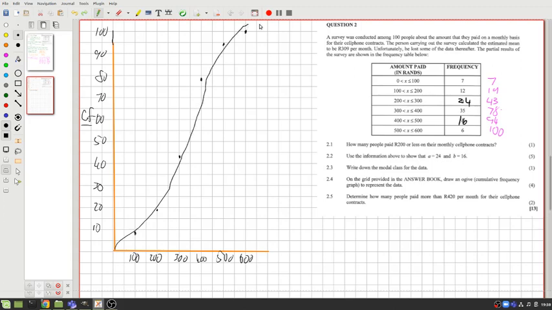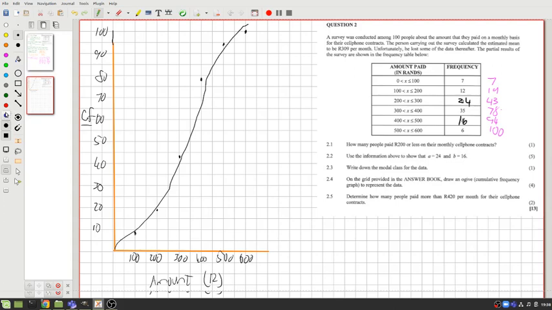No, that's about it. Okay, so you would draw that much better than I would. Okay, then that is our cumulative frequency curve. Just remember to put your labels. So cumulative frequency on the vertical axis, and this would be our amounts in rands on the horizontal axis. Good, that was question 2.4.